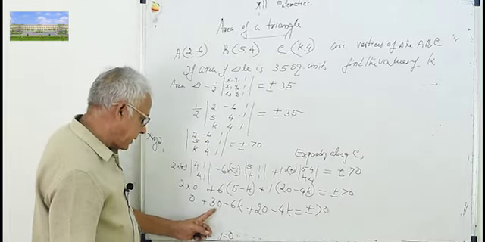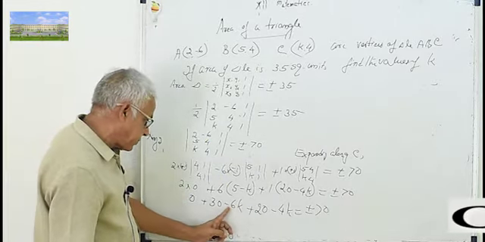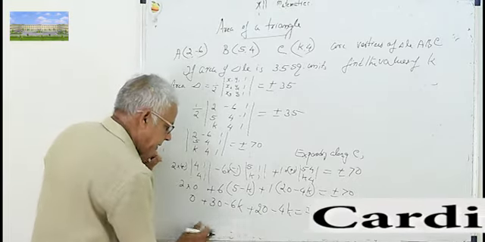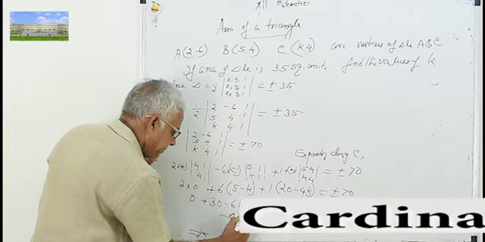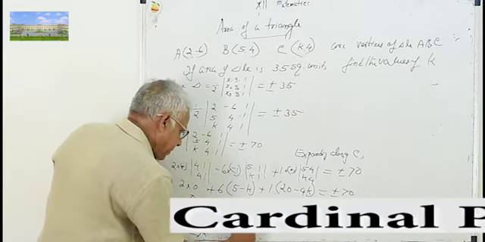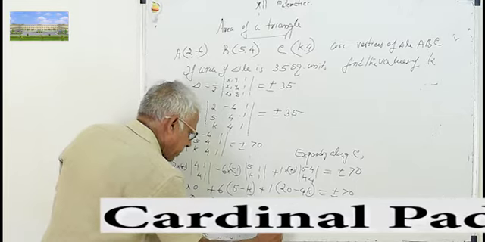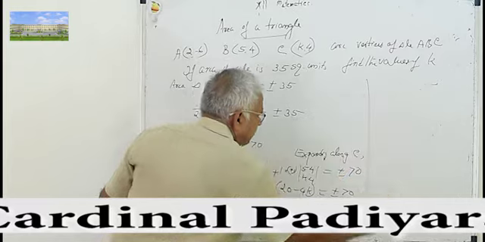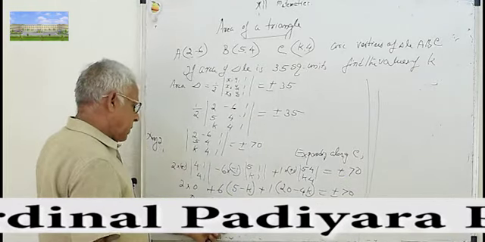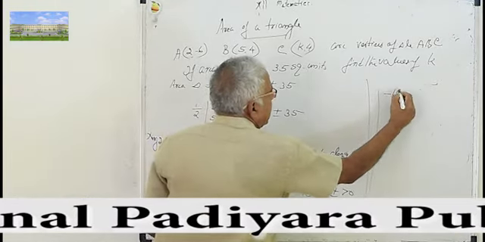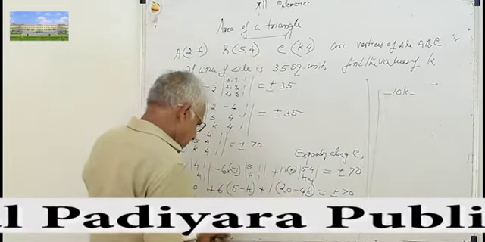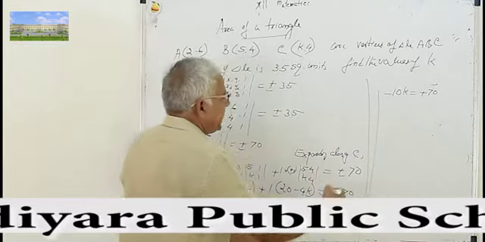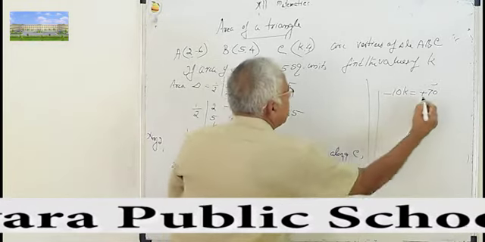Then 30 plus 20 is 50, and minus 6k minus 4k adding gives minus 10k. So minus 10k plus 50 is equal to plus or minus 70. First we take plus 70: minus 10k is equal to 70 minus 50, which is 20.